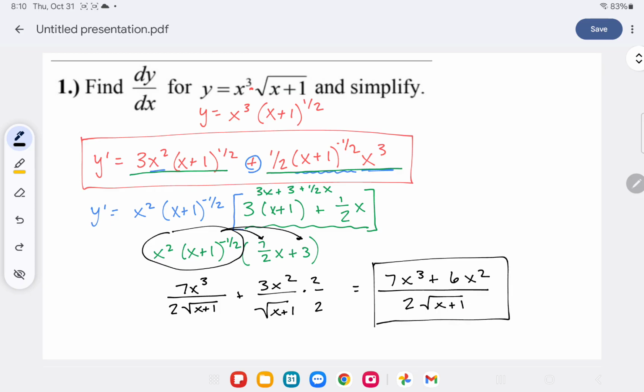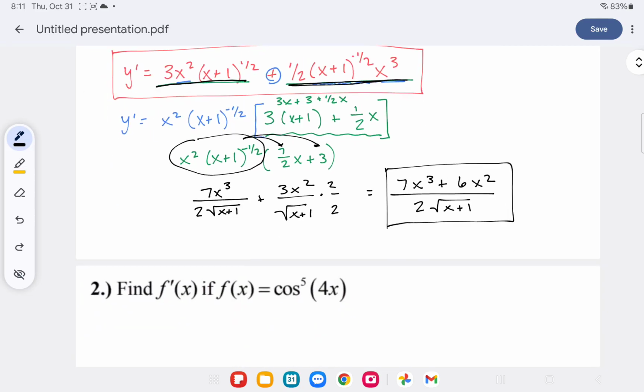So that's how you can simplify it. That was a pretty messy one. I just wanted to show you how you could get a common factor out of these two terms and keep simplifying it further and further. Most of the time, they're not that complicated.